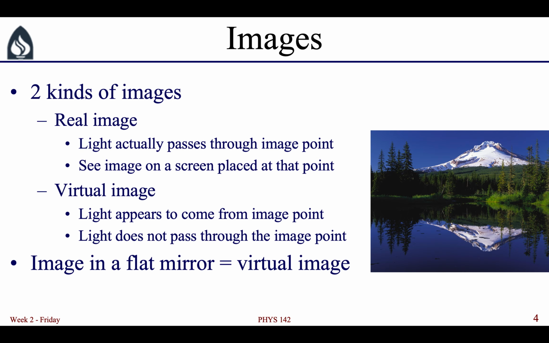A virtual image is one where light only appears to be coming from the image point. It's reflected off the mirror and can be traced back to find the image point, but light doesn't actually pass through that image point. So anytime you are looking at a flat mirror, what you are seeing is a virtual image.